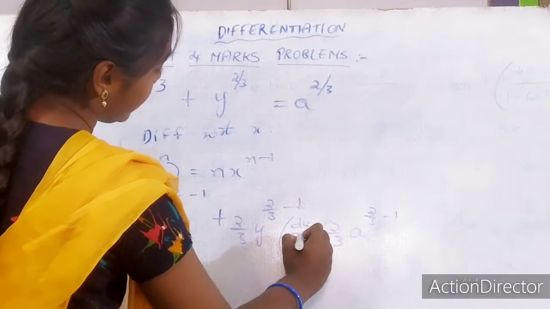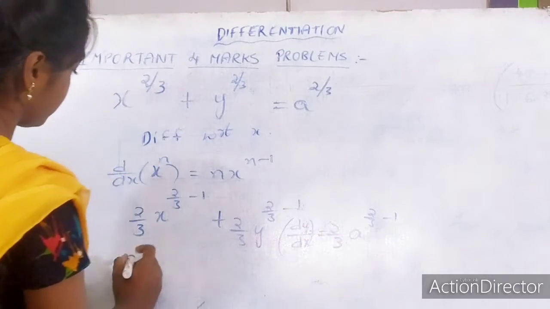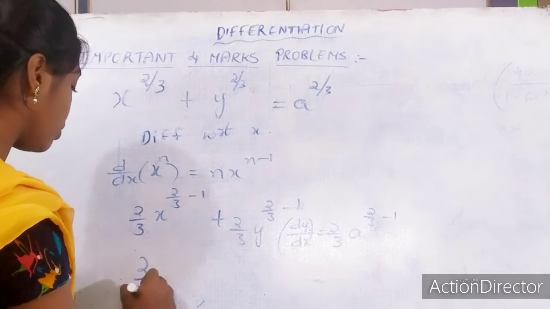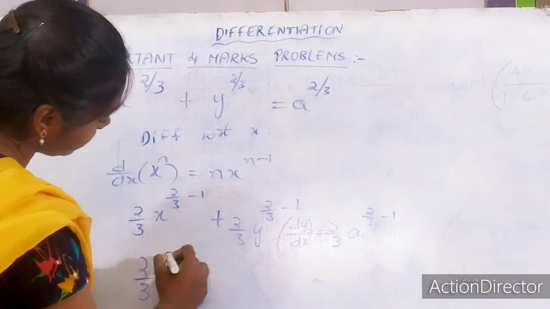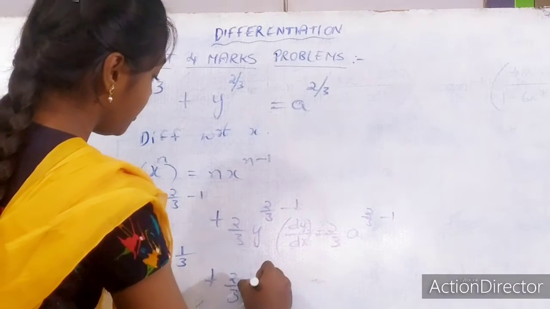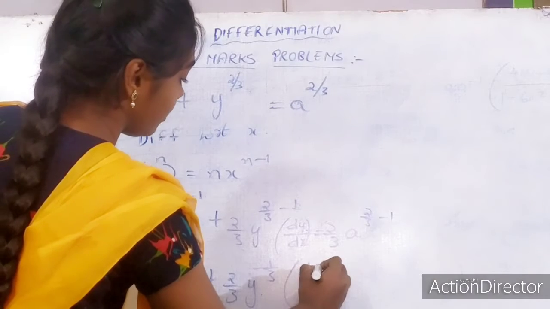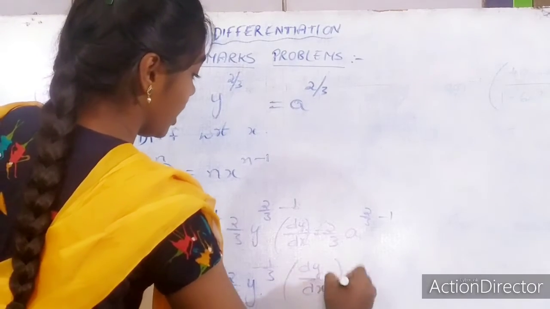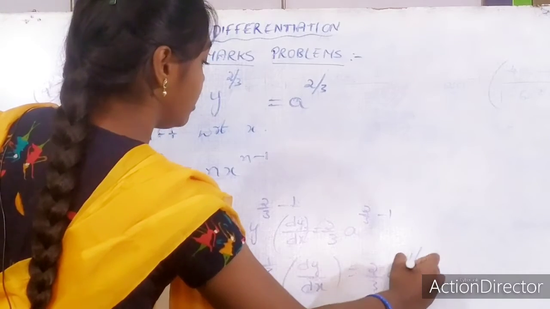So d by dx of y is equal to dy by dx. So 2 by 3 into x to the power of minus 1 by 3 plus 2 by 3 into y to the power of minus 1 by 3 into dy by dx is equal to 2 by 3 a to the power of minus 1 by 3.